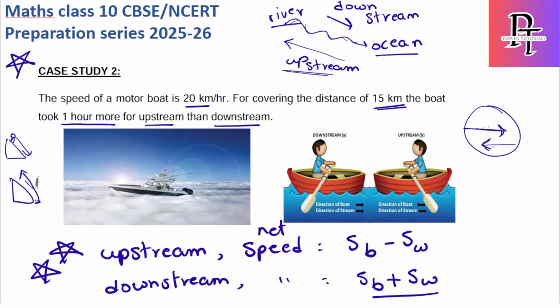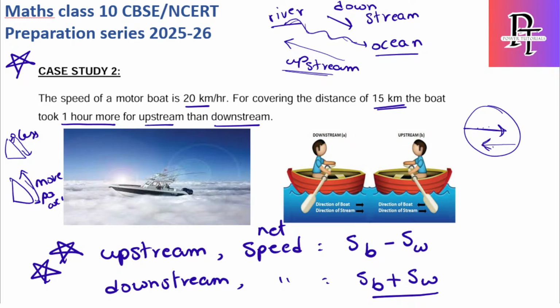Upstream needs more power because we have to oppose it, and downstream needs less power because the flow is supporting us to travel. So this point is important. Upstream, speed of boat minus speed of water. Downstream, speed of boat plus speed of water.